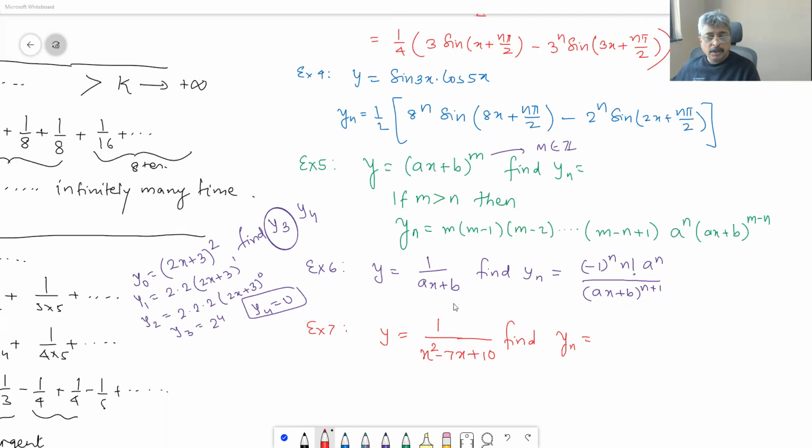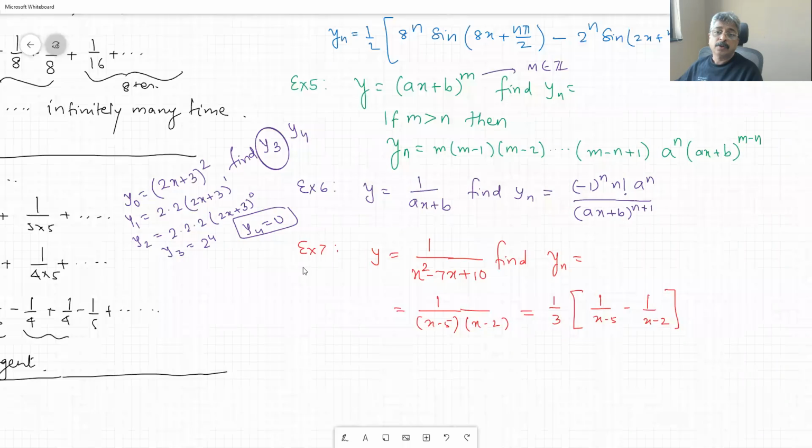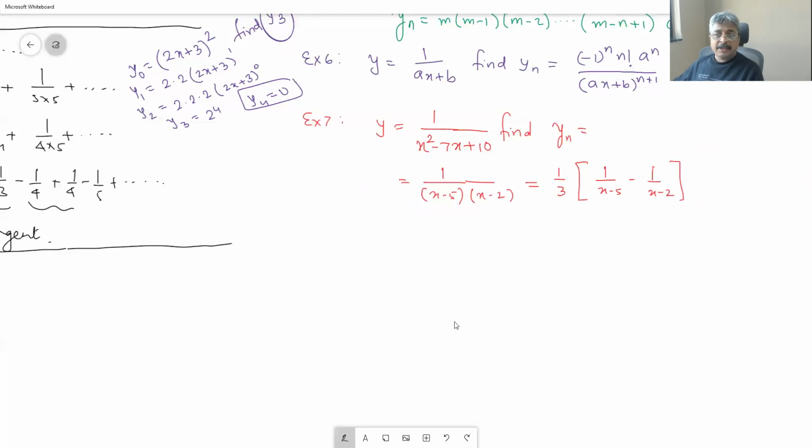So if we factorize the denominator, we get 1 upon x minus 5 into x minus 2. Using partial fractions, you can split them: 1 upon 3 times, 1 upon x minus 5 minus 1 upon x minus 2. So that makes it two problems of the kind of example number 6.